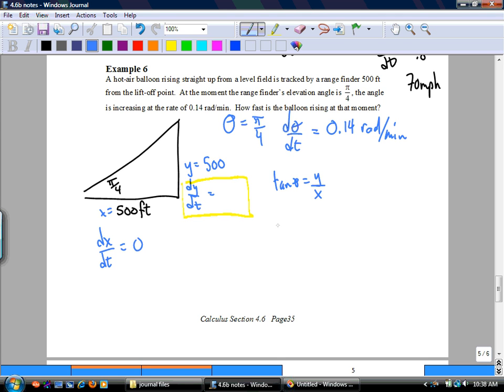The derivative: secant squared theta times d theta dt equals the derivative of the top, dy dt, times the bottom, x, minus the derivative of the bottom, dx dt, times the top, y, all over the bottom squared.